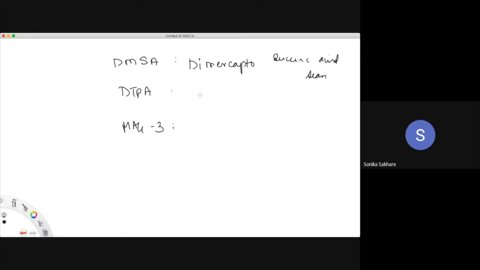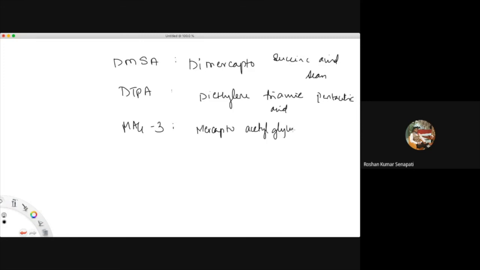DTPA stands for diethylenetriamine pentaacetic acid, and MAG3 is mercaptoacetyltriglycine. These are the full forms that we have to know. There's no other way out.